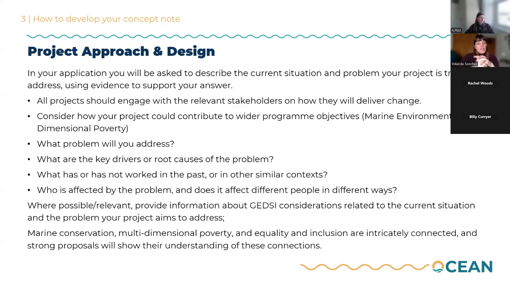I think this is a point where it's also going to be very useful to have evidence. What has or has not worked in the past or in other similar contexts, to take into account if someone has already tried to find solutions and what has worked and what has not. Who is affected by the problem, and does it affect different people in different ways?